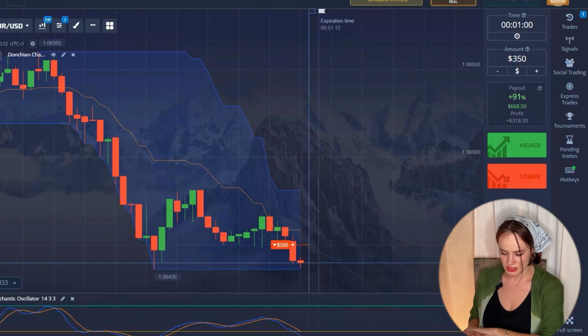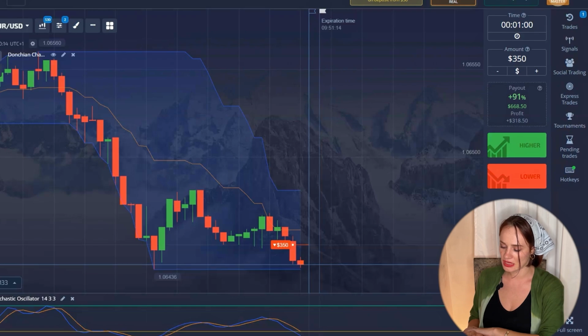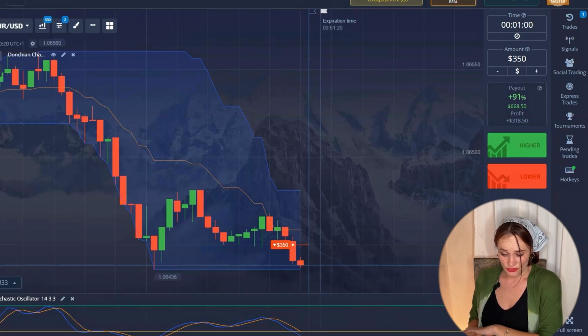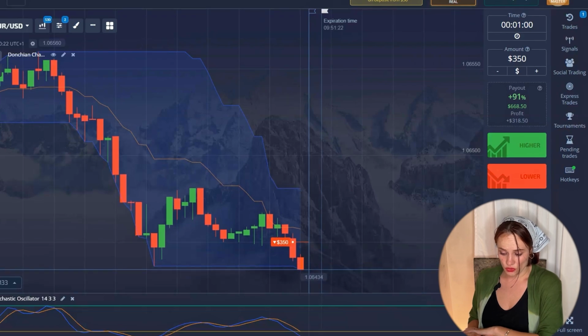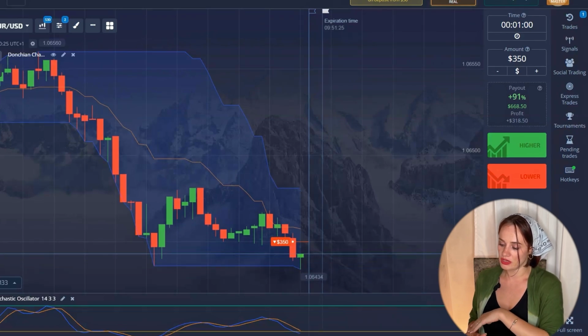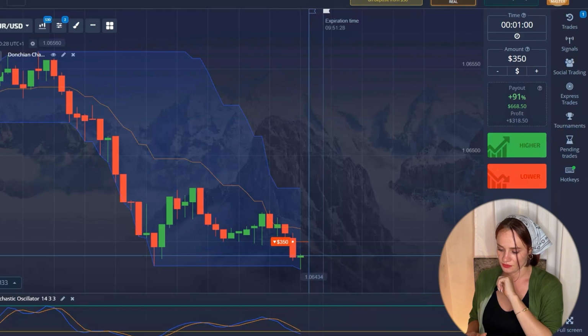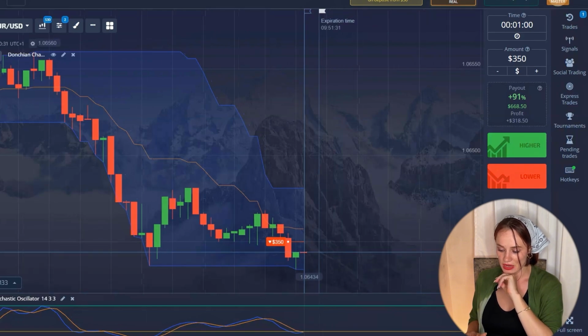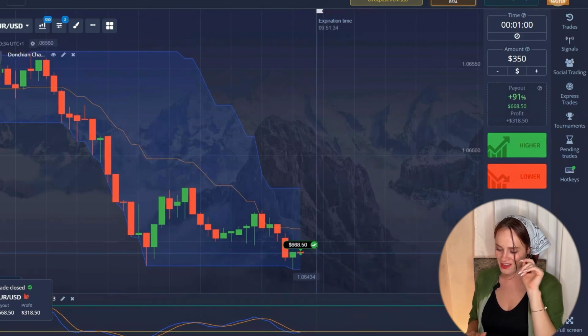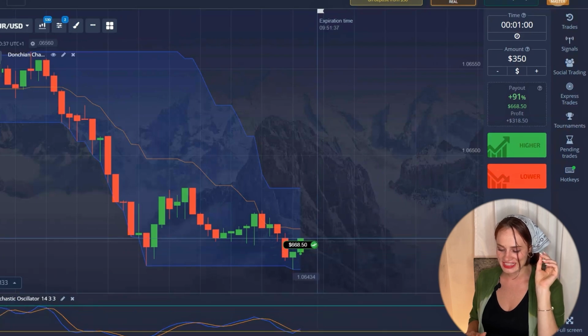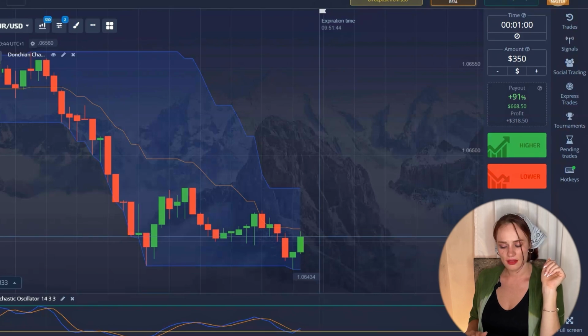So the stochastic indicator at the same time gives a signal about a possible price reduction. This is confirmed by quotes where the price reaches the lower limit of the Donchian indicator. The transaction is being completed. Yep, another $318 replenishes our deposit. Let's continue.